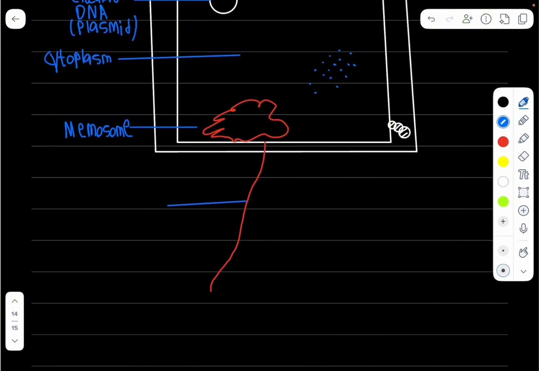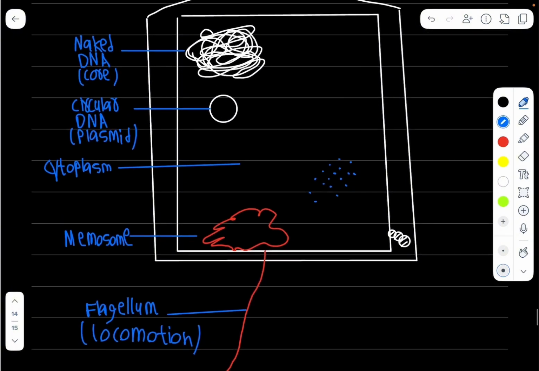The purpose of the flagellum is locomotion. It helps the bacteria to move. Flagellum, locomotion. Its main purpose is to help the bacteria to move. Now we talked about sex pili.